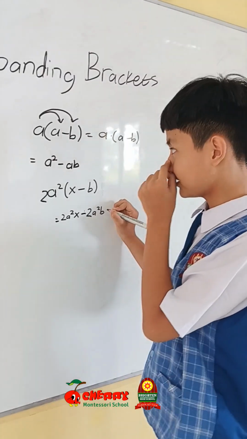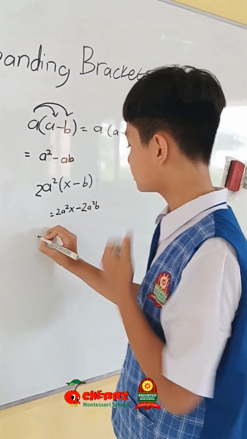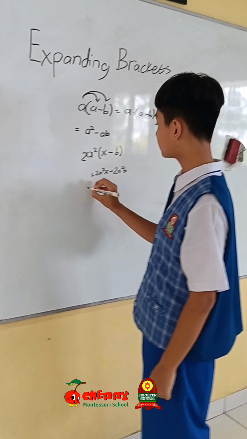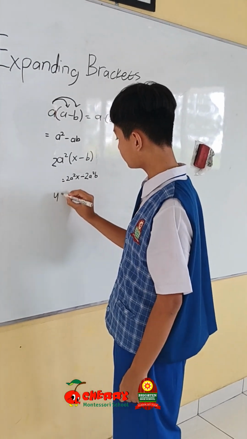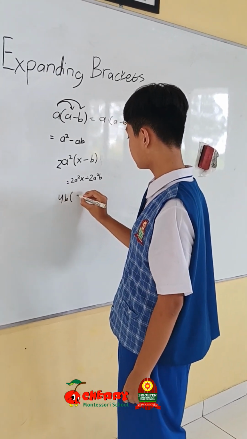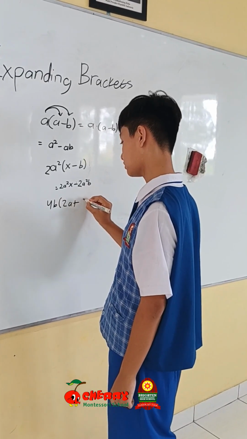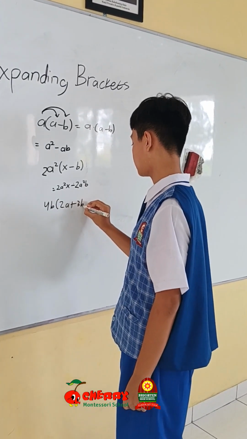The third example is still the same, but the only difference is when there's another number here. So 4b times (2a plus 3b).